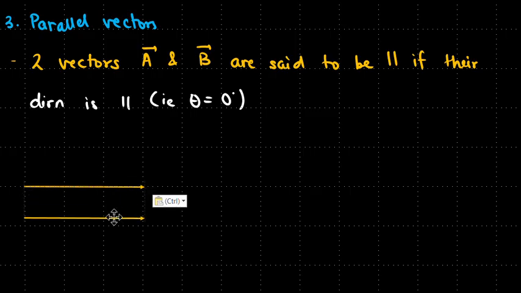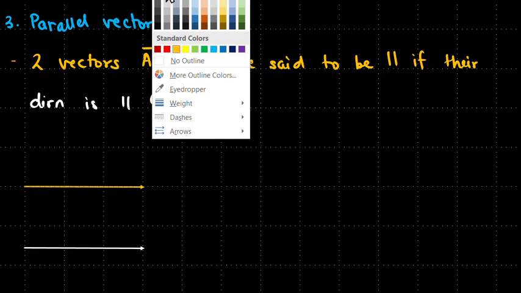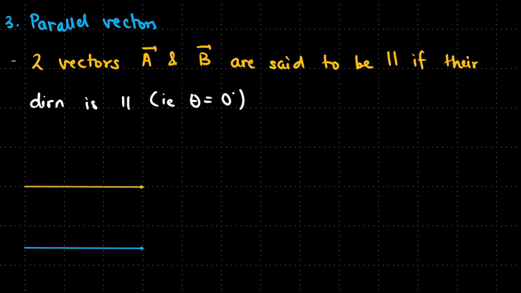Also, let me take another vector. Let's make it blue in color. Suppose this above vector is vector A and the vector below it is vector B. So right over here, the angle between them is 0 degrees and their directions, so this portion is also parallel.